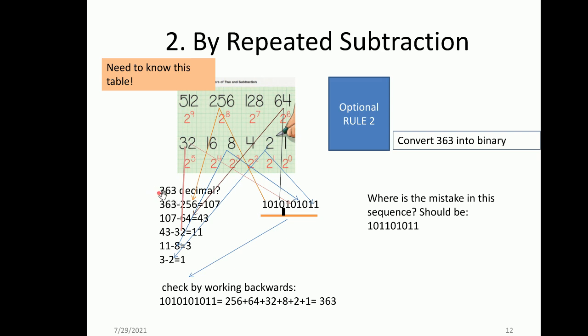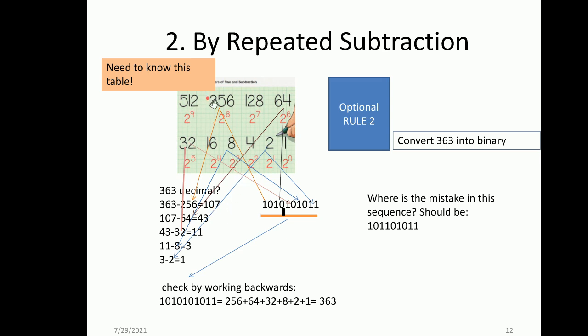If you look at 363 and at the decimal equivalents of all the powers here, you can't take 512 away because 363 is less than 512. But you could take 256 away. So let's do that. If you take 256 away from 363, you get 107.